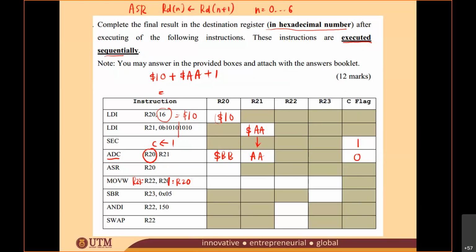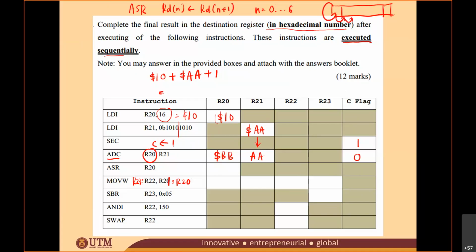By looking at this operation here, you know that you have bit 7 until bit 0, and this bit 7, you copy back the value. What about the rest? The rest, you shift to the right by 1 bit.